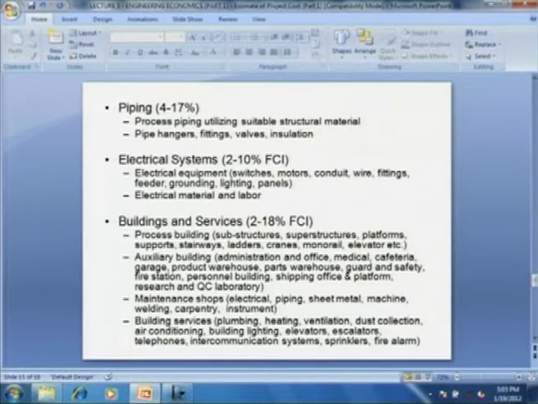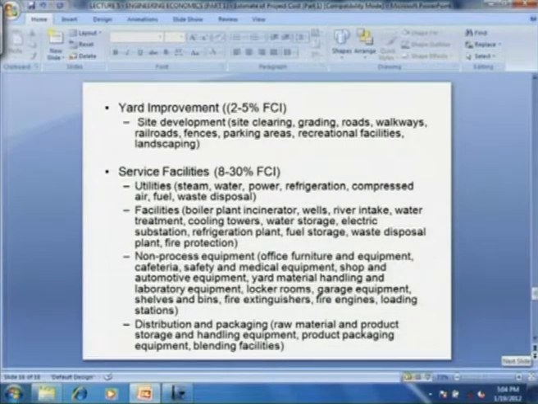Then you also need to have maintenance shops, the electrical maintenance, piping or plumbing, then sheet metal, machining, welding, carpentry, instrumentation, maintenance shops for all of these things. Then the building services, plumbing, heating, ventilation, dust collection, air conditioning, building lighting, elevators, escalators, telephones, intercommunication system, sprinkler and fire alarm.